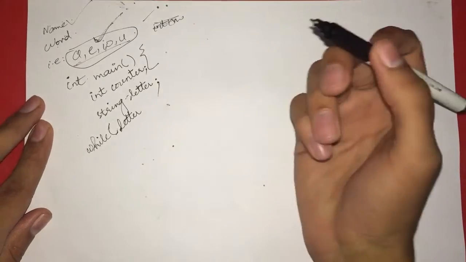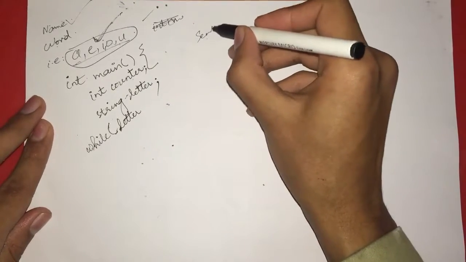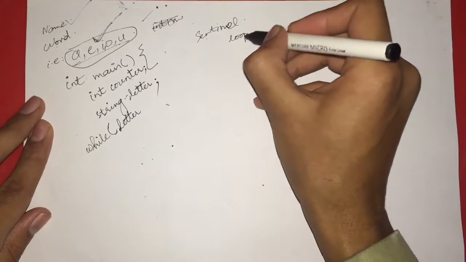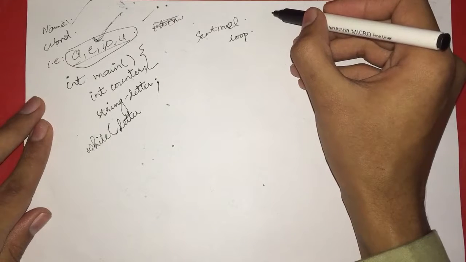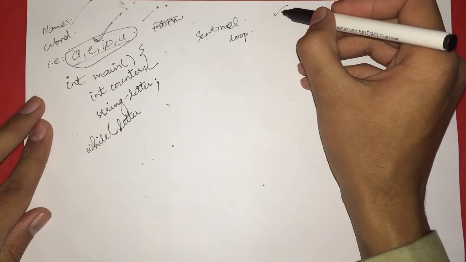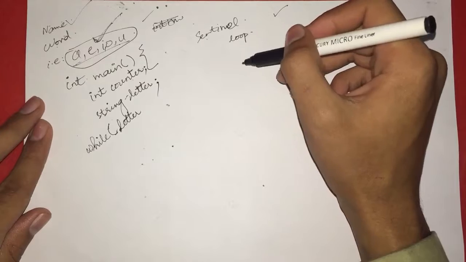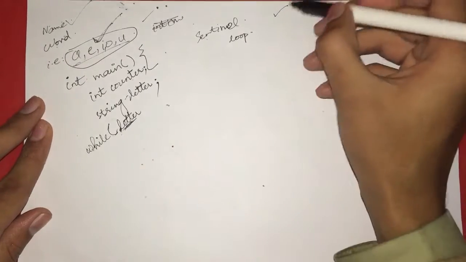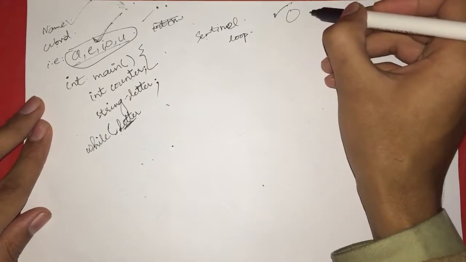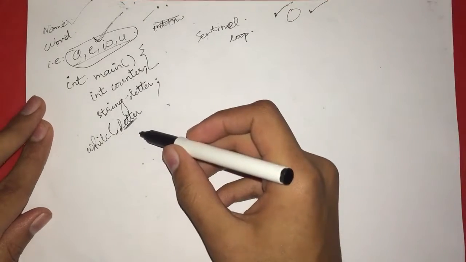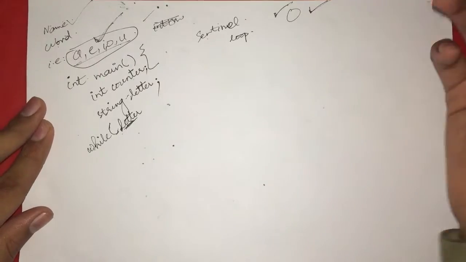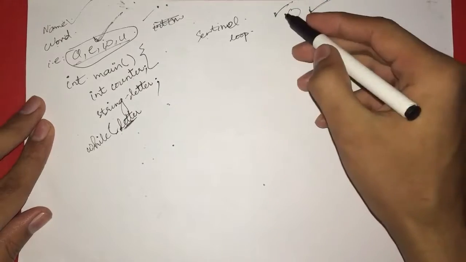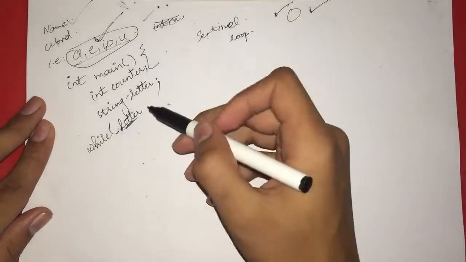In a sentinel while loop, you have a specific number or a character or something else, where if your declared variable meets that condition, or is that character or number, the loop immediately stops. But while it's not that character, the loop iterates as many times as it can. When that character is that variable, the loop stops.